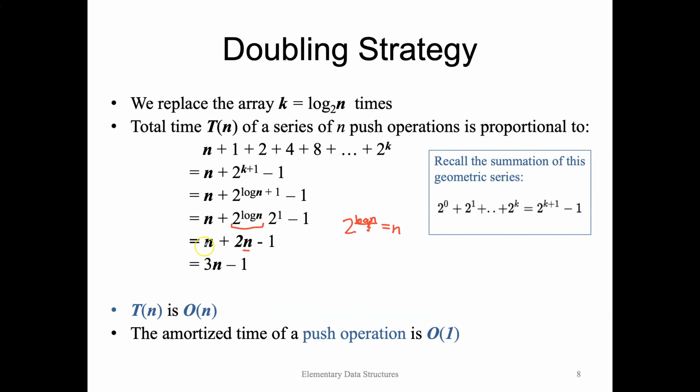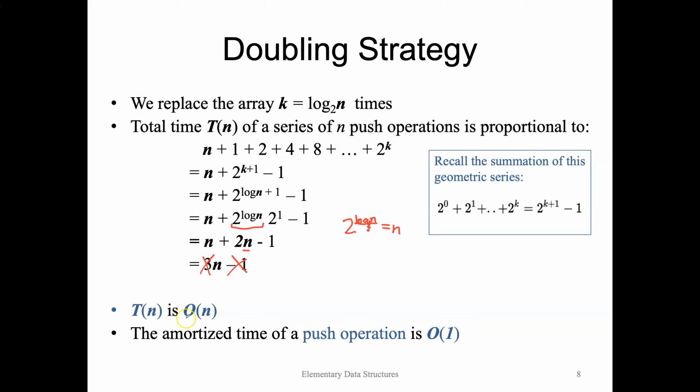So now that we're at this point, we just add these together. We're left with 3n here minus 1. So t of n, our total cost of calling the push operation n times, is big O of n. We get rid of these lower order terms and this constant coefficient.